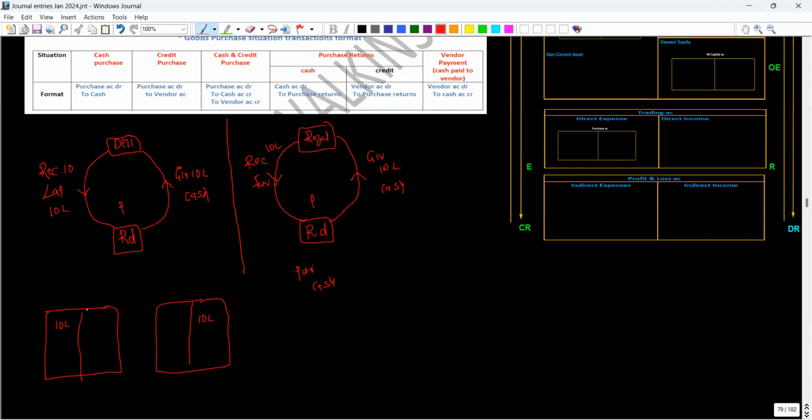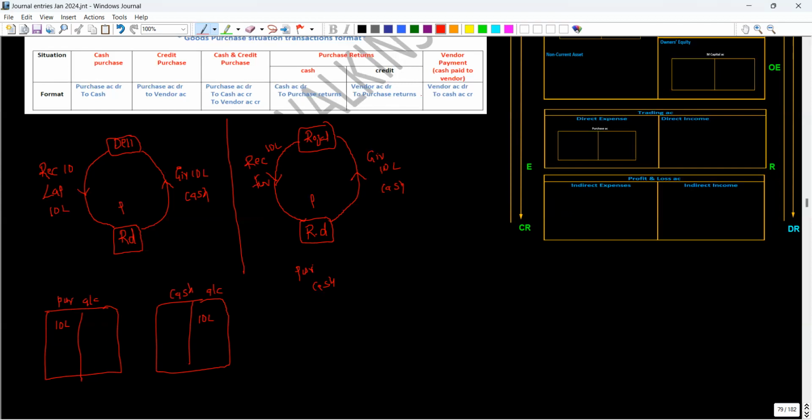So the receiving benefit and the giving benefit we are recording in separate accounts, 10 lakhs, 10 lakhs. What suitable name do I give to the first account? Purchase account. And for this one, we already know it, cash account.